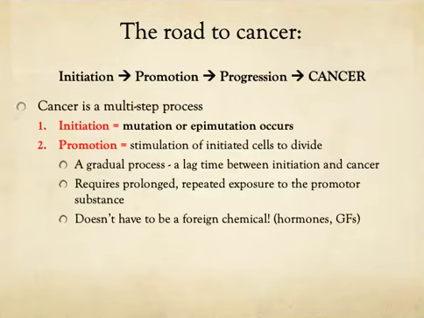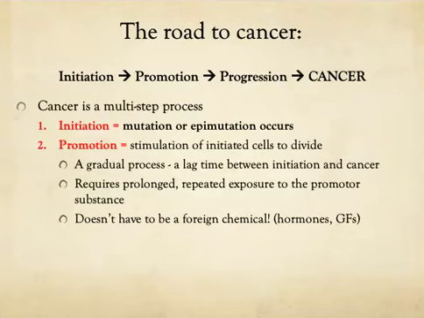Now, a promoter substance doesn't have to be a carcinogenic chemical. It doesn't have to even be a foreign chemical. There are many natural compounds that act as promoters. For example, hormones. Estrogen is a great example. Estrogen is a hormone that stimulates cells to divide.